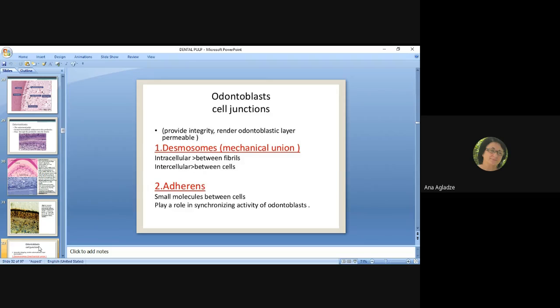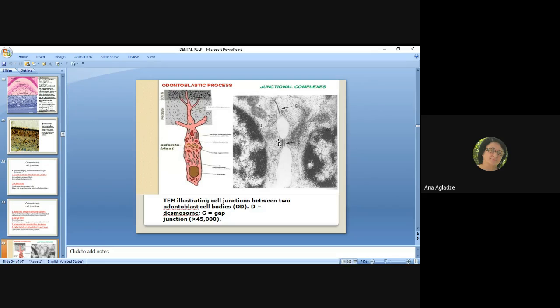Desmosomes, these are all macular adherence junctions, they have a clear intercellular component as well as an intracellular system of anchoring. And you can see these desmosomal fibrils, and they are largely responsible for mechanical union.